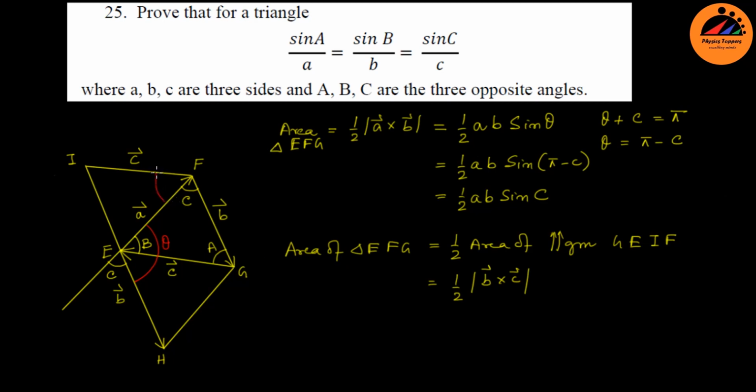Take this angle as some different angle, which is phi, and we need to have a relation between phi and angle A. We need to extend this FG line, and this is angle A. So we can immediately say that phi plus A is equal to pi.